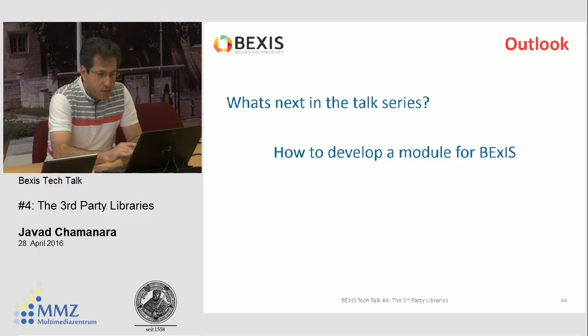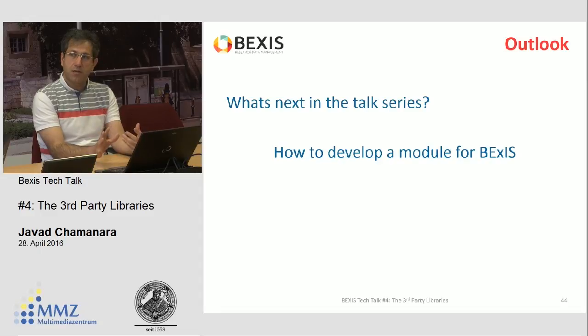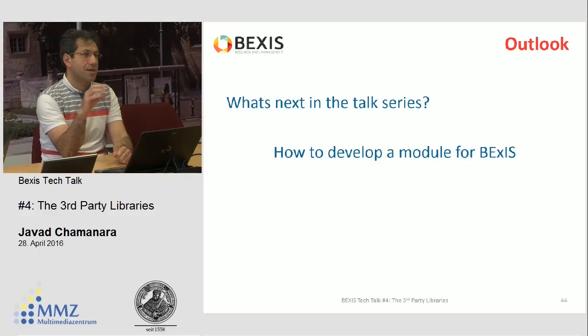And then for the next one, up to now we have explained the requirements of BEXIS, why BEXIS is BEXIS, and then the conceptual model, how we are going to model BEXIS and what kind of objects are there, the architecture, which was explaining how we are going to implement it, and the third-party libraries and the techniques that we are using inside BEXIS.